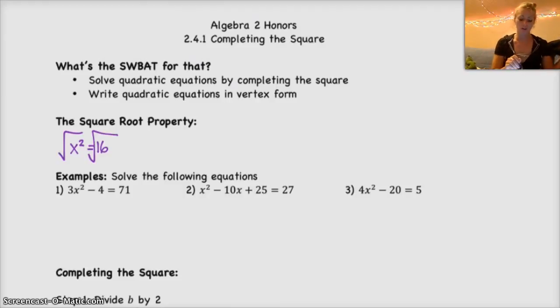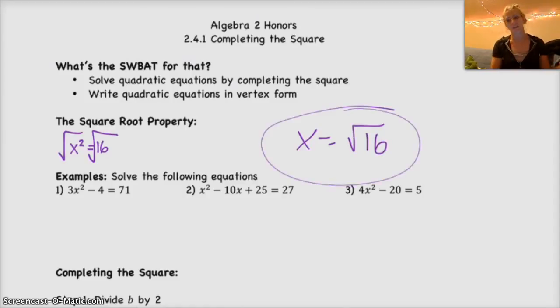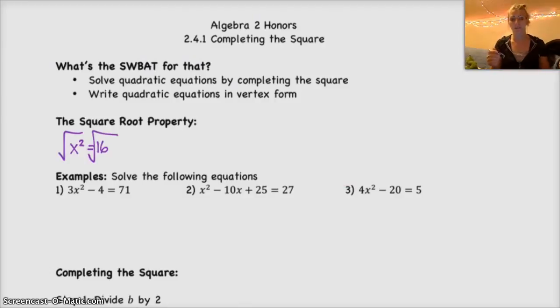Now, if I just start with a problem like x equals the square root of 16, you don't get a plus or minus because you're not explicitly taking the square root of both sides. I'm giving you that x equals the positive square root of 16. So that is not a case where you get a plus or minus.